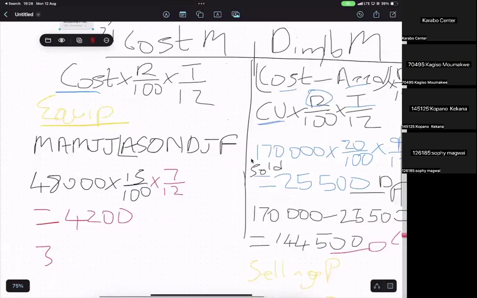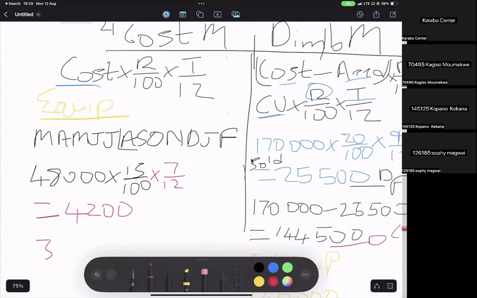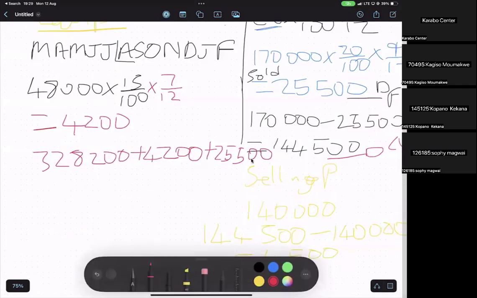So what we have to do now is just add everything: 328,200, plus the ones that were not taken into account, plus 25,500. And then we see how much our total depreciation is.